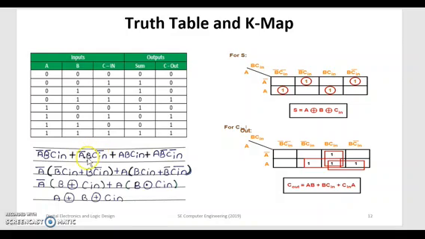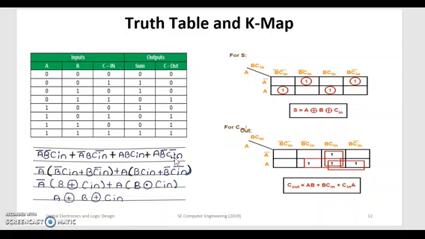So A bar, B and C in bar. Plus for this one, you have A, B, C in. So A, B, C in. And for this last one, you have A, B bar, C in bar. So A, B bar, C in bar.